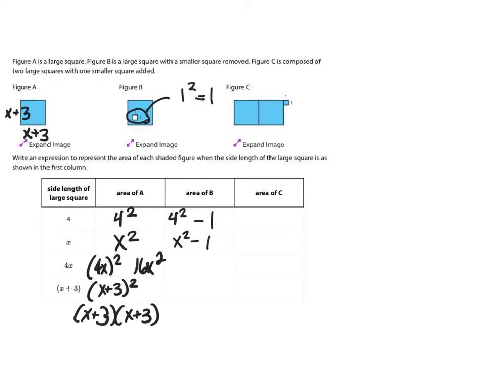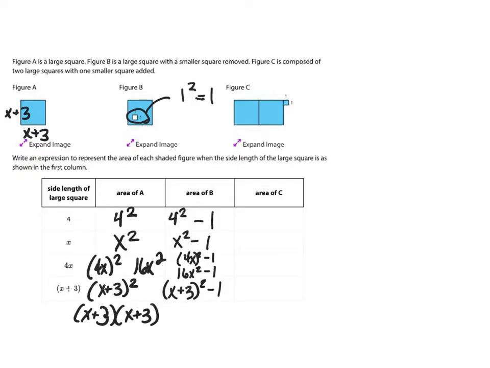Here you can either do 4x squared minus 1 or 16x squared minus 1. And here we have x plus 3 squared minus 1. Cool? All right, not too bad yet.